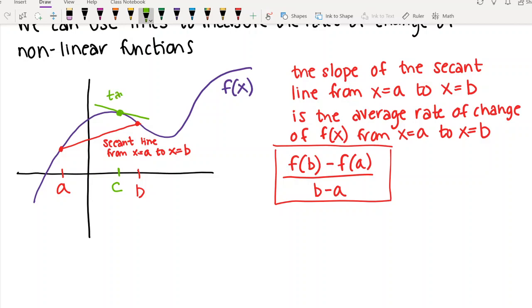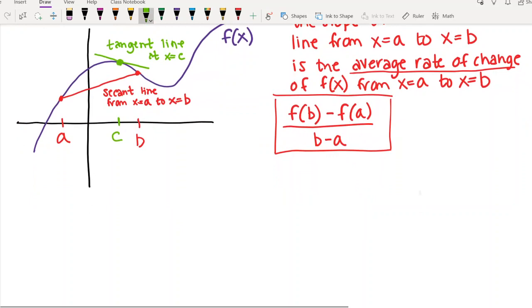So this is the tangent line at x is equal to c. So the tangent line tells you what is called the instantaneous rate of change. Whereas with the red line, we're measuring just the general trend, now we're going to be talking about what is going on at that specific moment.